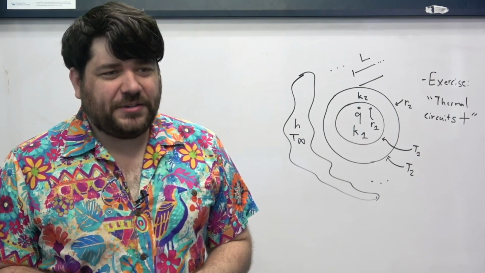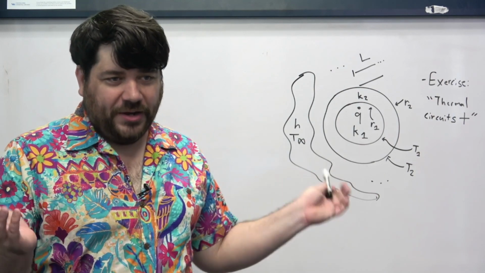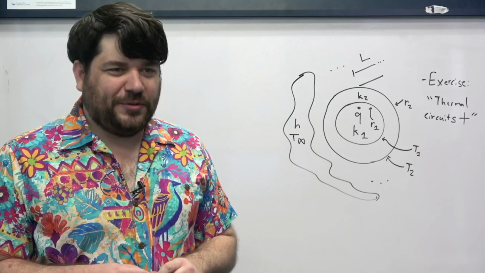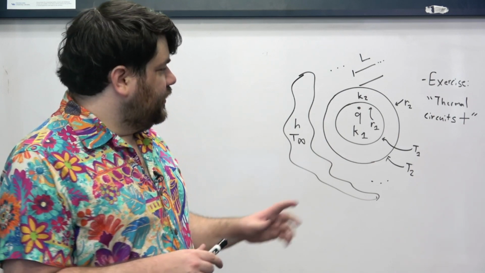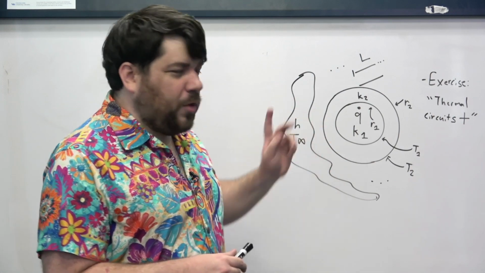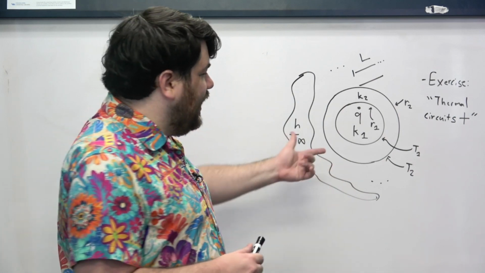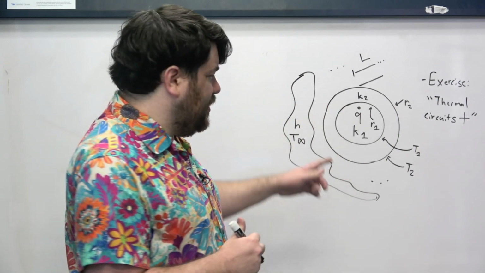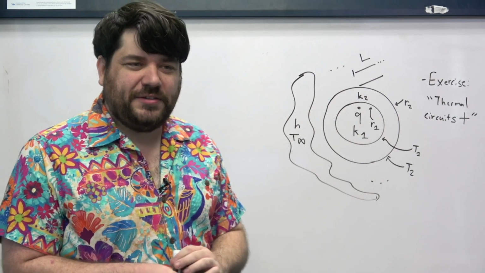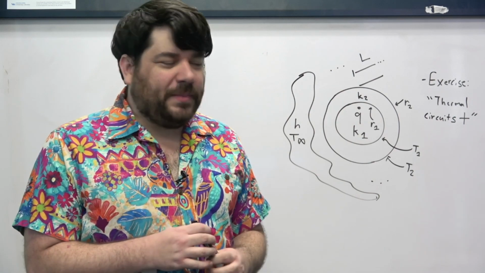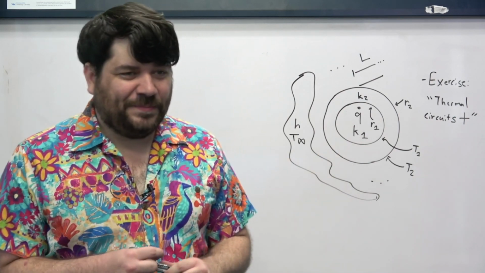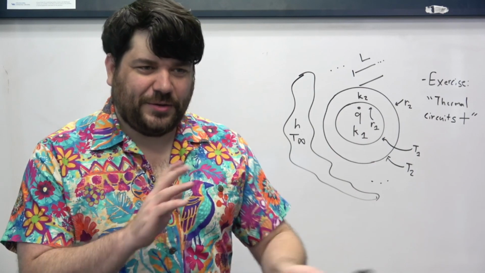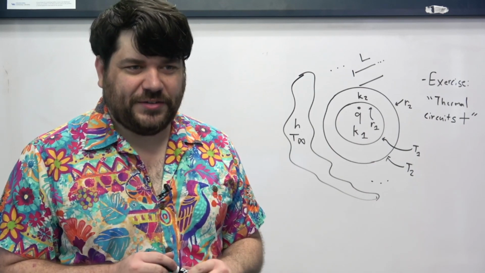One question we might ask ourselves is, can we model this with thermal circuitry assumptions? Does this even work? Can we get meaningful information about, for example, what the temperature inside of this rod looks like, even though we've got this Q dot? Let's take a look at the thermal circuit assumptions again.